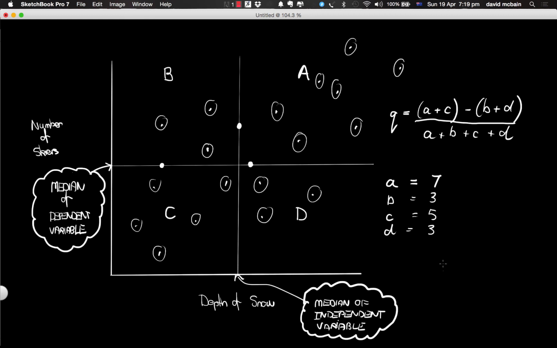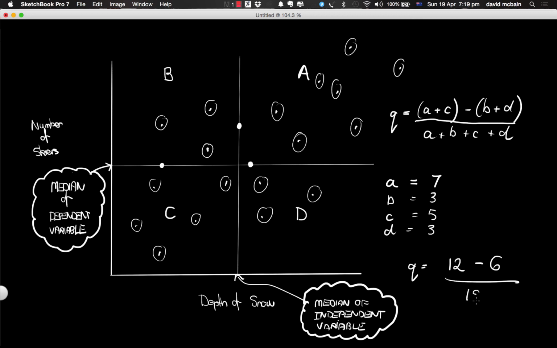So the actual final calculation to work out Q is going to be A plus C. Well, A plus C is 7 plus 5, which is 12. So that would be 12 minus B plus D. Well, B plus D is 3 plus 3, which is 6. On the bottom, it's going to be A plus B plus C plus D. So it's 7 plus 3 plus 5 plus 3, that is 18.